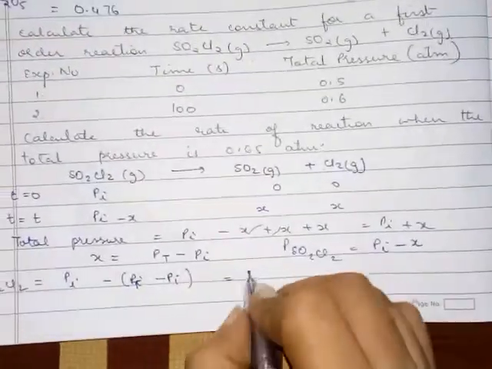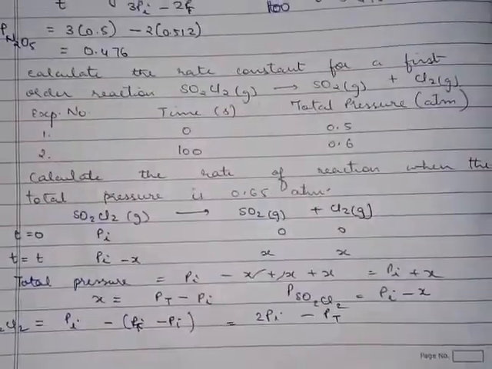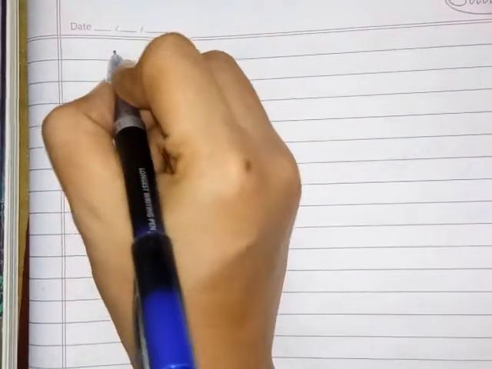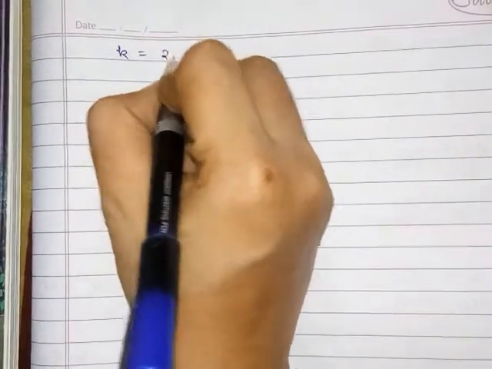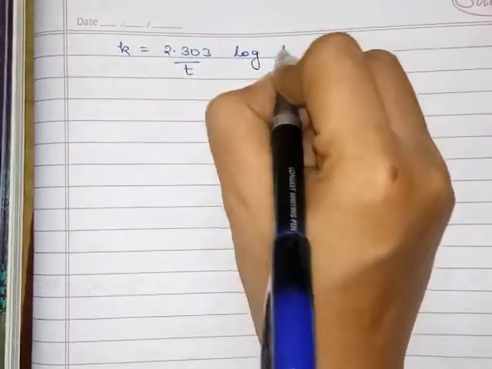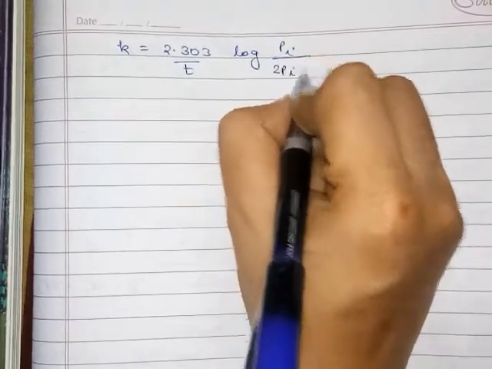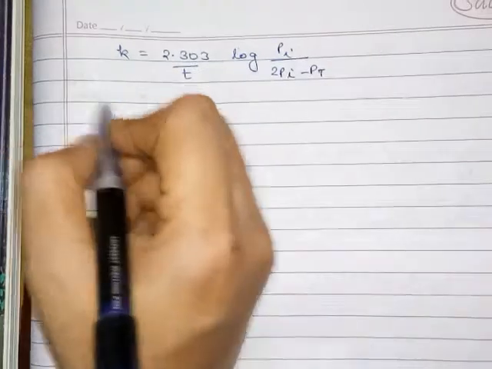So it is 2 Pi minus Pt. So K is equal to 2.303 by T log Pi upon 2 Pi minus Pt.